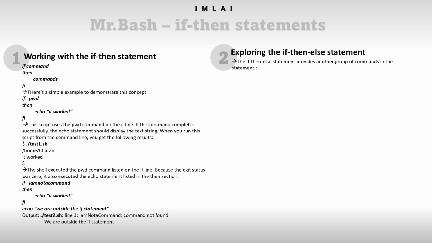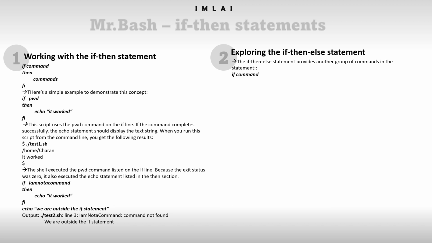If the command returns a non-zero exit status code, the bash shell moves on to the next command in the script. In this situation, it would be nice to be able to execute an alternate set of commands. That's exactly what the if then else statement is for.